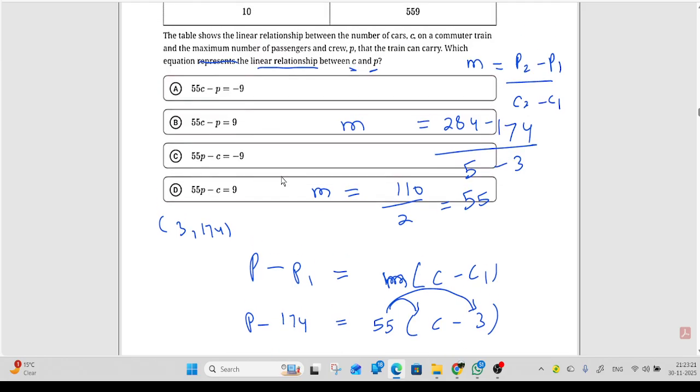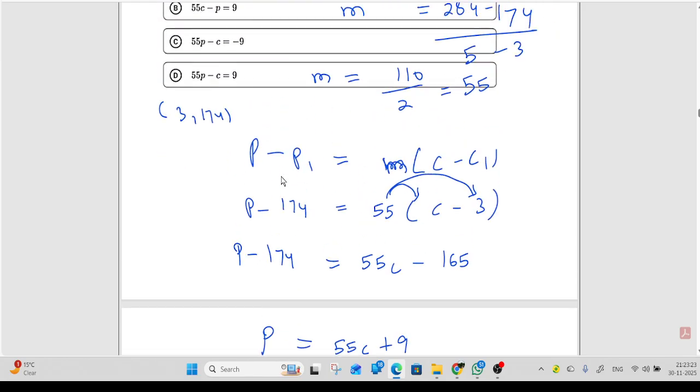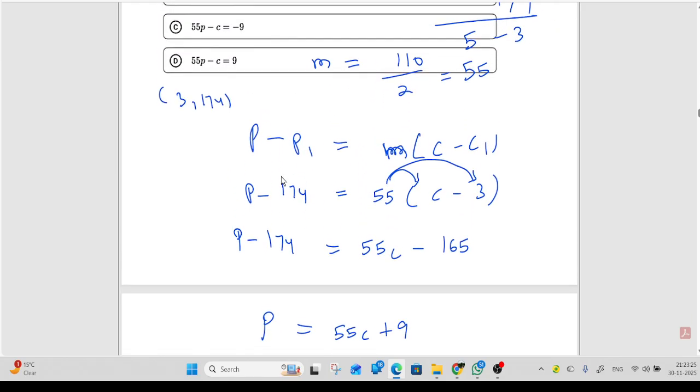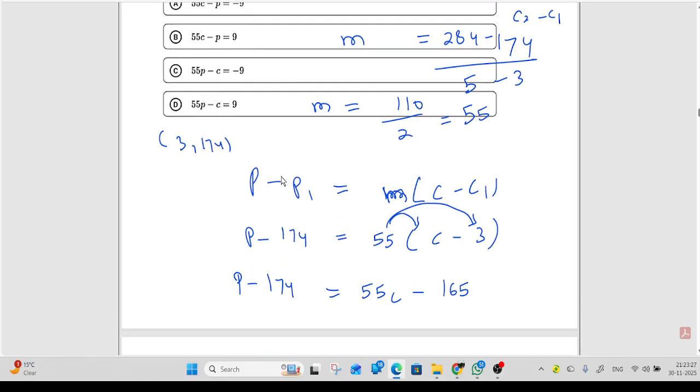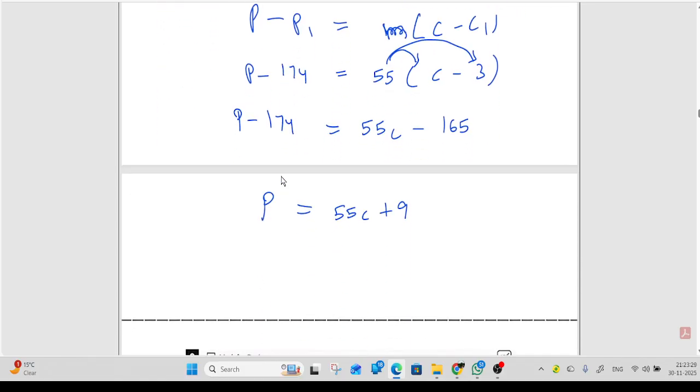Now if I check my options, I have 55C on this side.